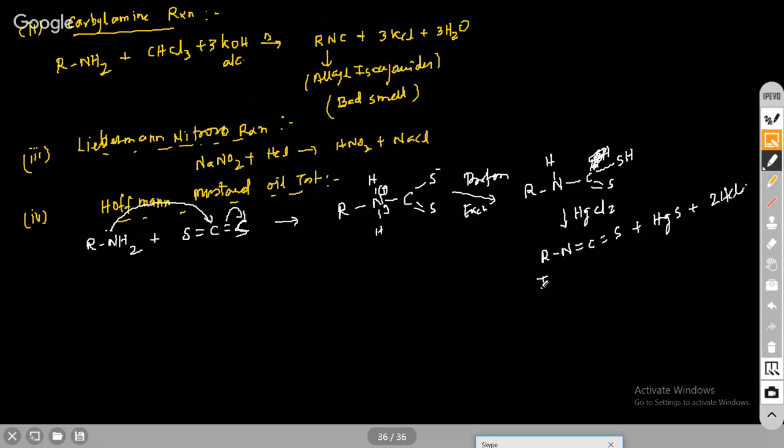This we call isothiocyanate. And the smell of this isothiocyanate is a pungent smell, or we also call it mustard oil smell. And that's why we are calling it the mustard oil test.